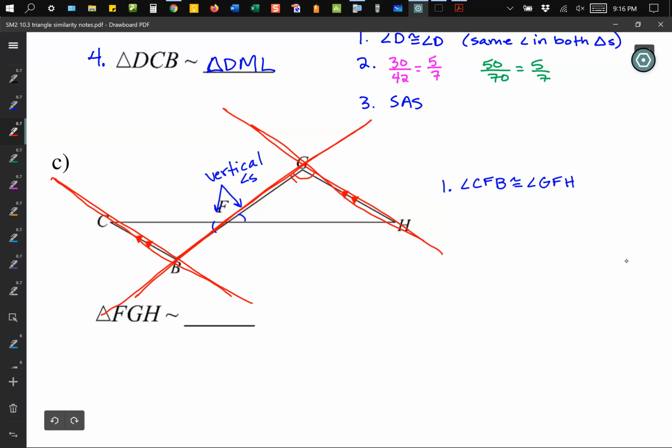This angle right here and this angle right here are both between the 2 lines, so they are interior angles. Interior means between the lines.